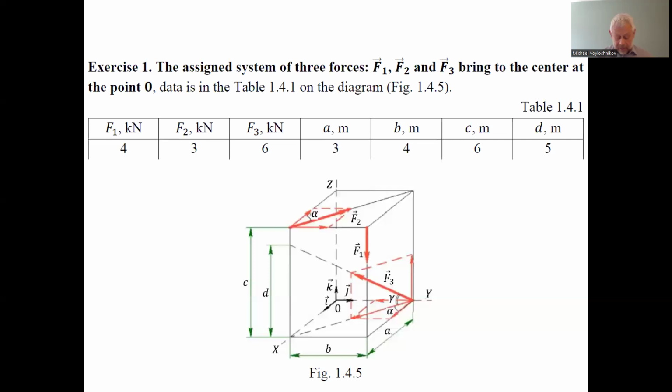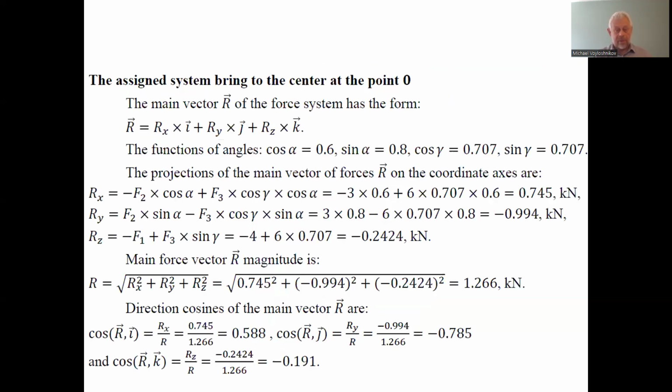We have to find the resultant force and the main moment. To do that, first we remind that the main vector of force system is the resultant force. We can find this in the vector form as the sum of 3 summands. Each summand is a vector.